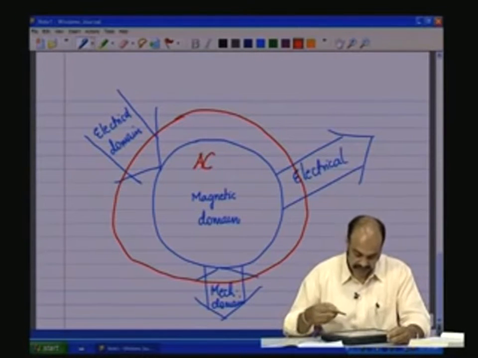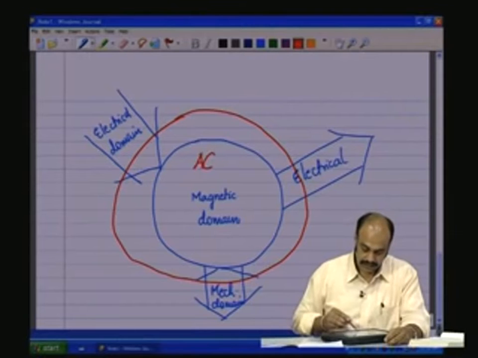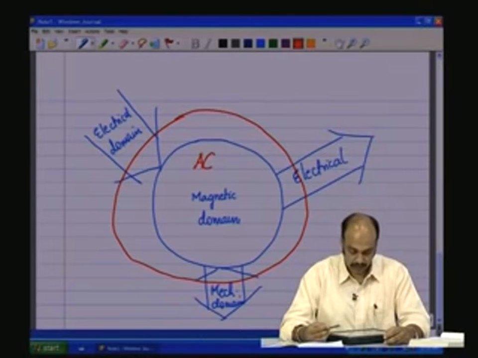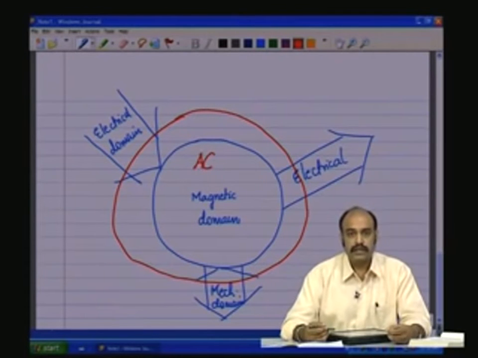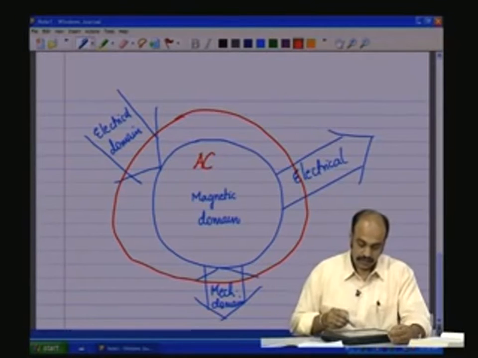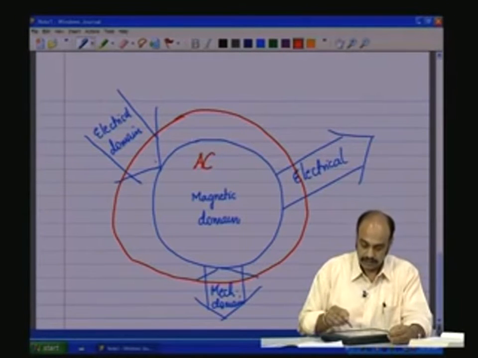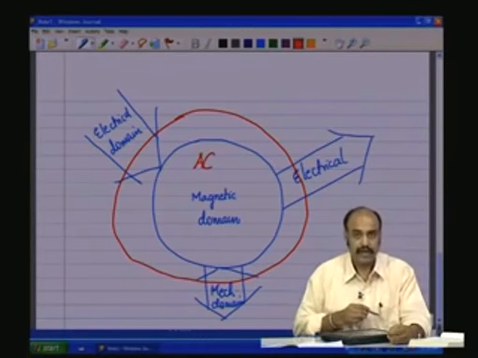In the case of the 3-phase transformer, of course, the mechanical domain is not there. There is only electrical transformation between the electrical and the magnetic domains. In the case of the induction motor with shorted rotors, you have only one electrical domain which is inputting, this other electrical domain is not there, and you have the mechanical domain.